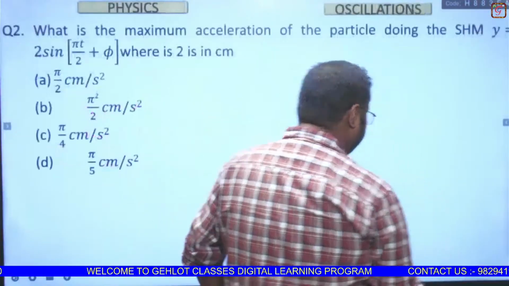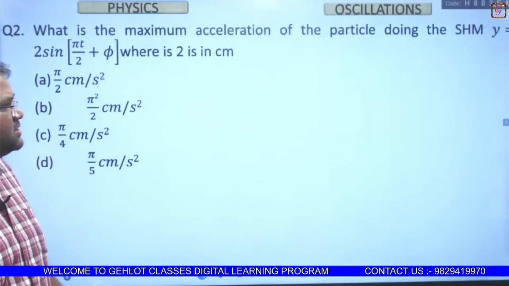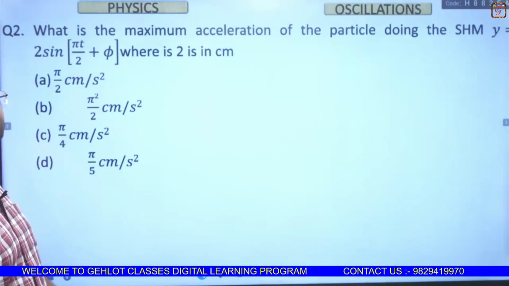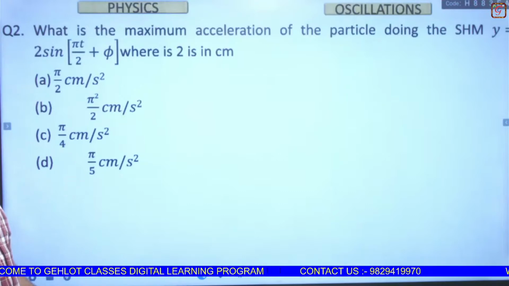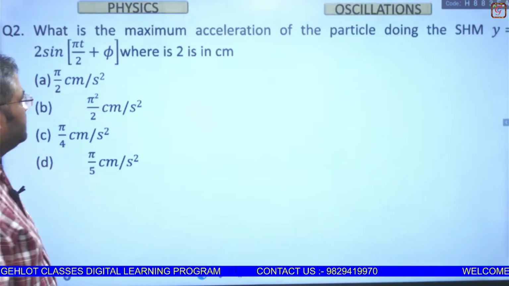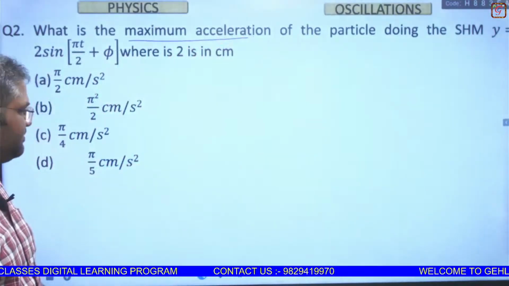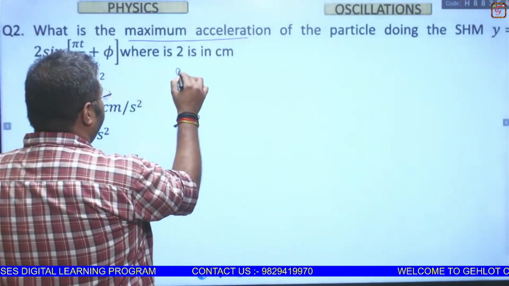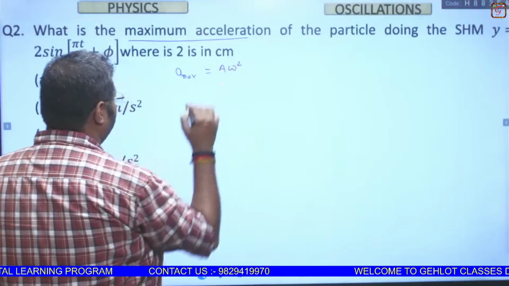Now, what is question number 2? What is the maximum acceleration of a particle doing S.H.M given by y is equal to 2 sine pi by 2 into t plus pi, where y is in centimeter. So in this question, the examiner has asked the maximum acceleration. So A max can be written as A omega square.